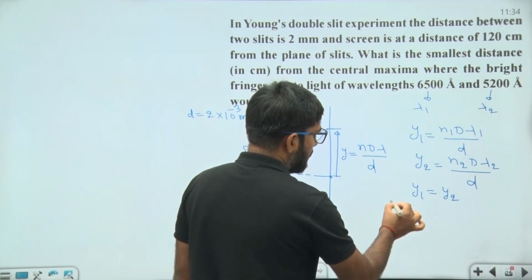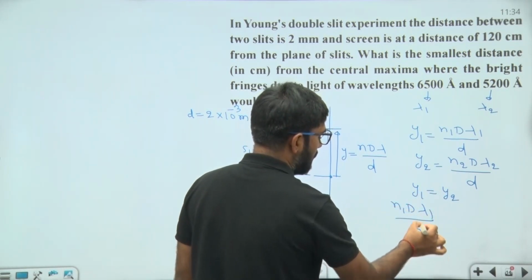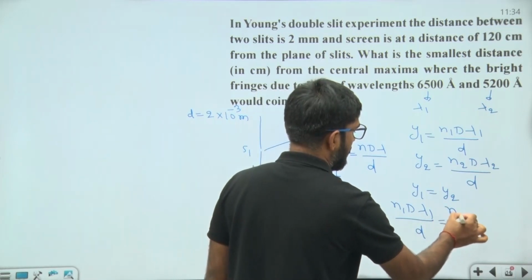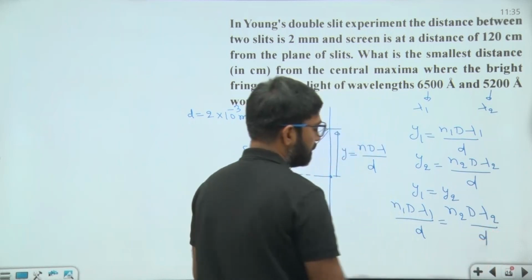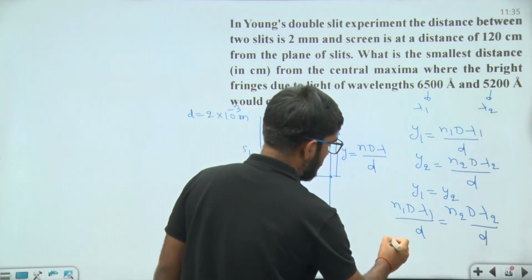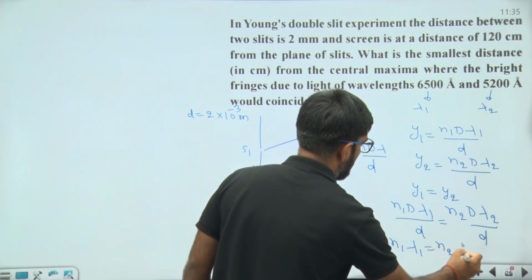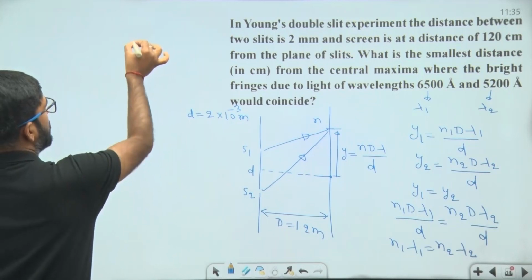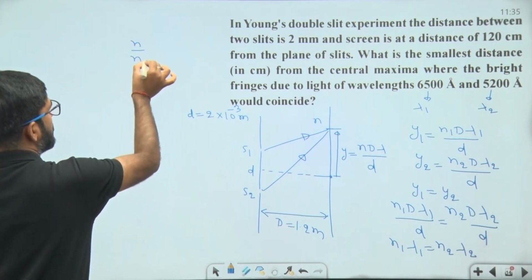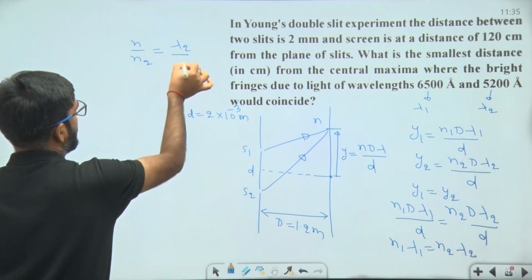Put the value of y1 and y2, we get n1 capital D lambda 1 by small d equal to n2 capital D lambda 2 by small d. On solving this, we get n1 lambda 1 equal to n2 lambda 2. From here, n1 by n2 equal to lambda 2 by lambda 1.